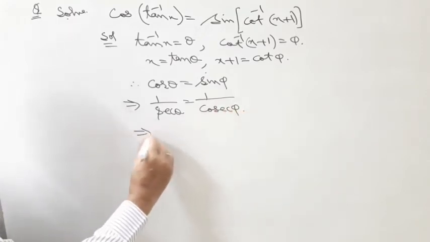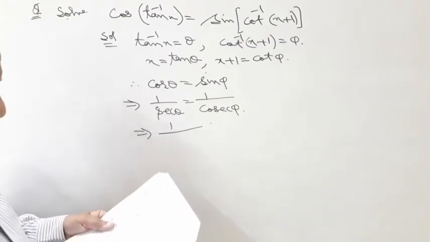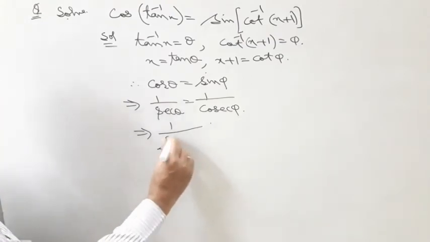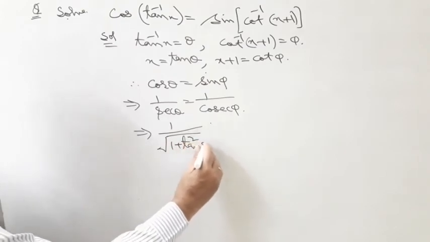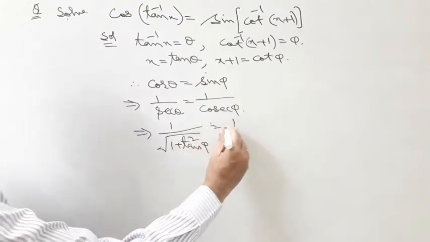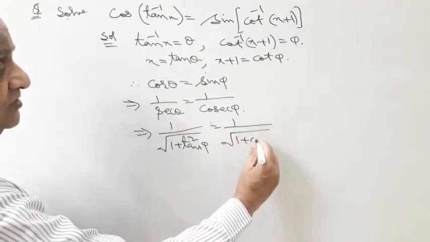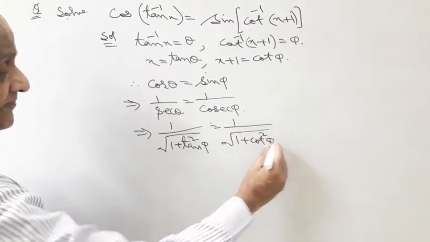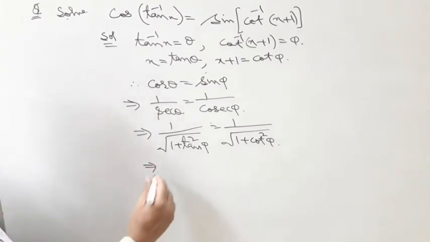This implies 1 upon square root of 1 plus tan square theta is equal to 1 upon square root of 1 plus cot square phi.